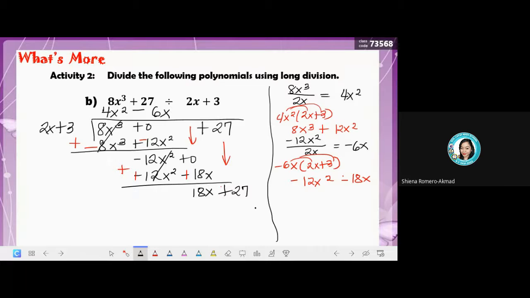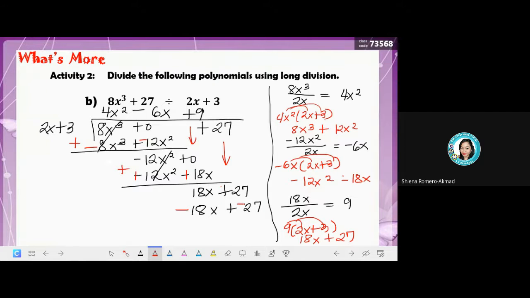Divide na ulit tayo. We have 18x divided by 2x. So, 18 divided by 2 is 9. X divided by x is 1. So, 9 na lang. Plus 9. So, 9 times 2x plus 3. Our answer is 18x plus 27.